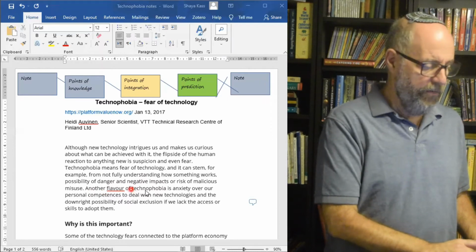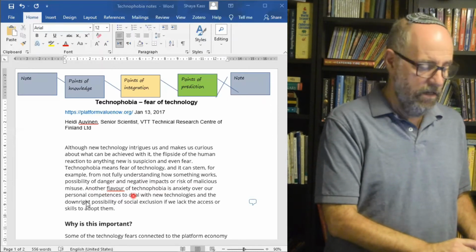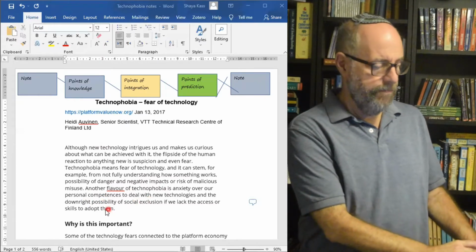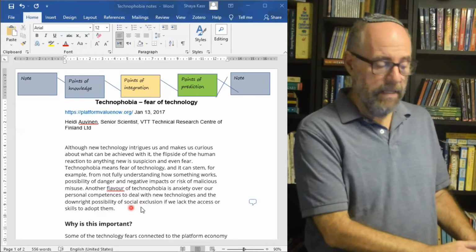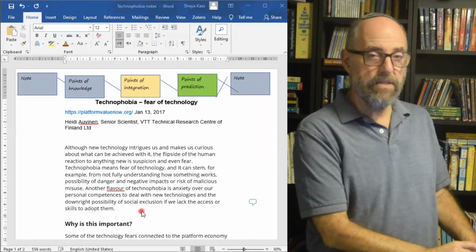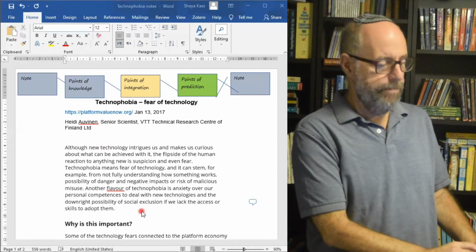Another flavor of technophobia is anxiety over our personal competences to deal with the new technologies, and the downright possibility of social exclusion if we lack the access or skills to adopt them.